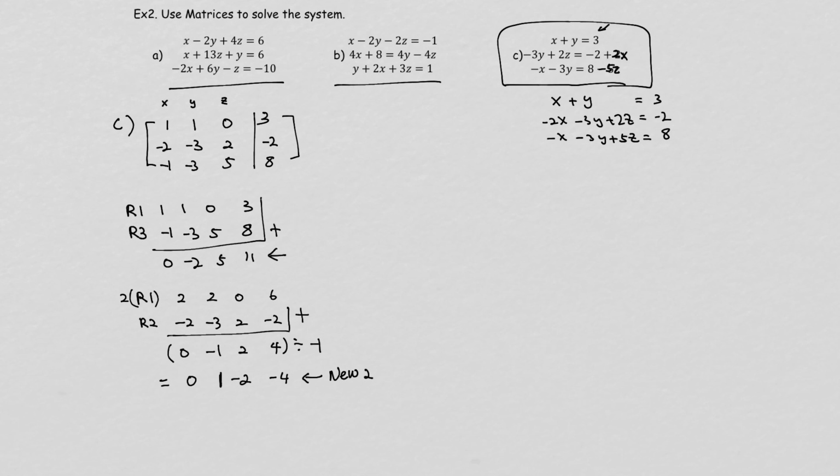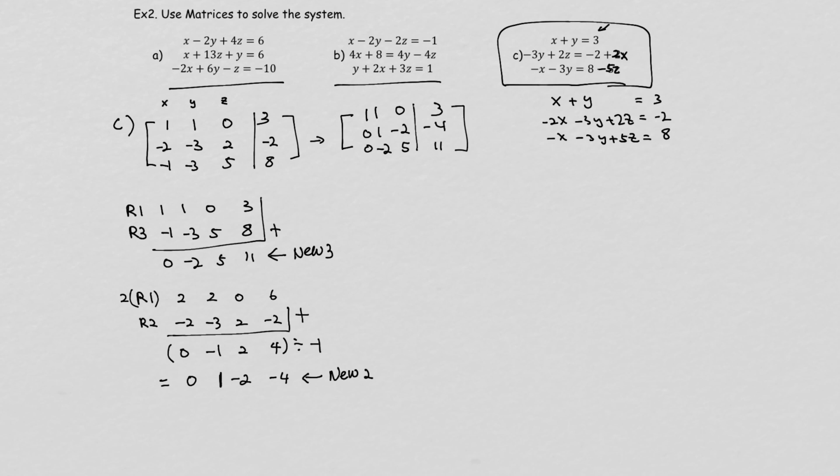Let's make this one new row 3. Then you will have 1, 1, 0, 3, and 0, 1, -2, -4. You have 0, -2, 5, and 11.